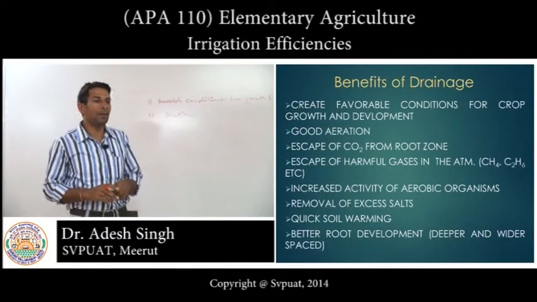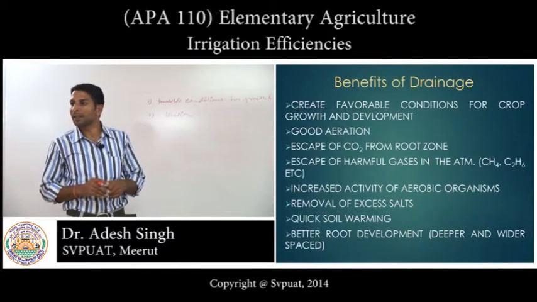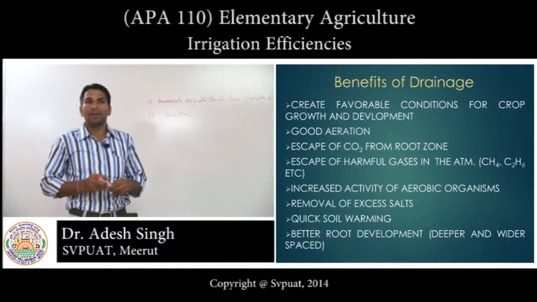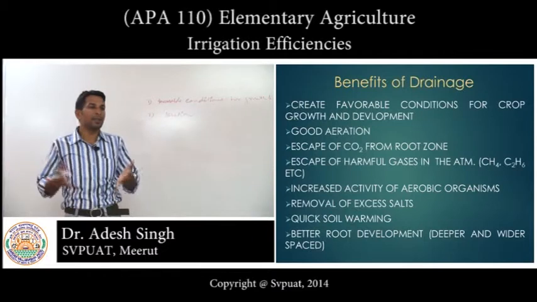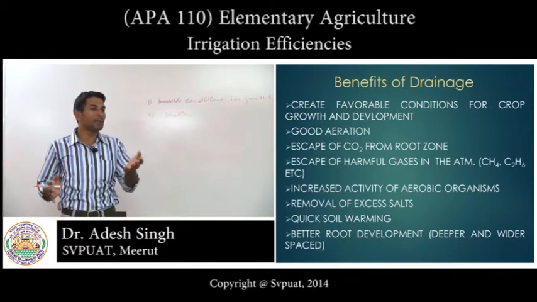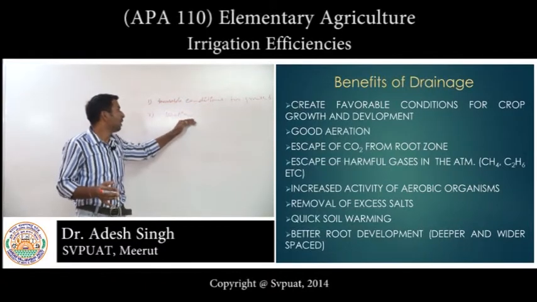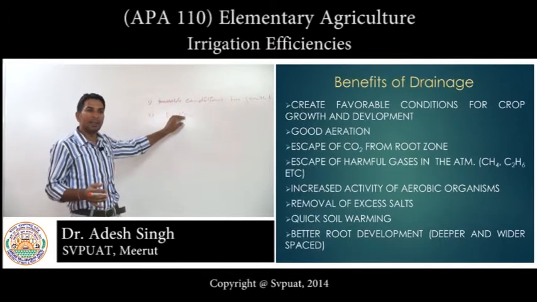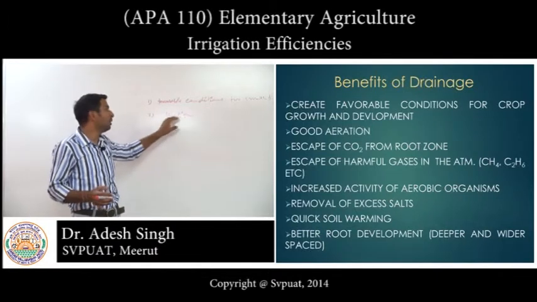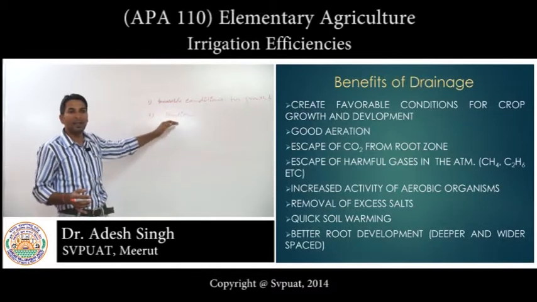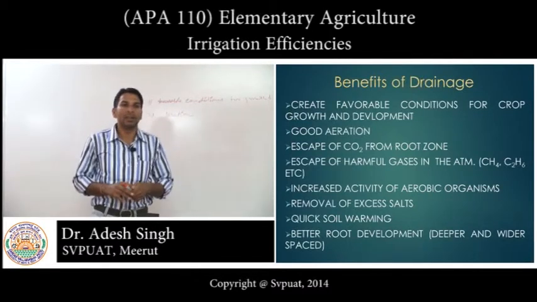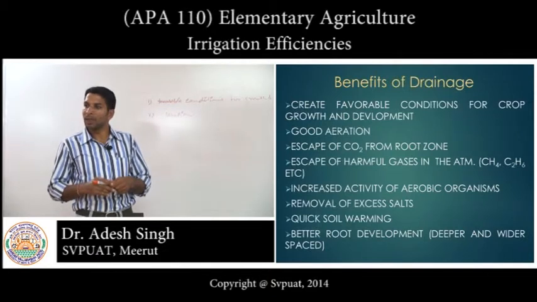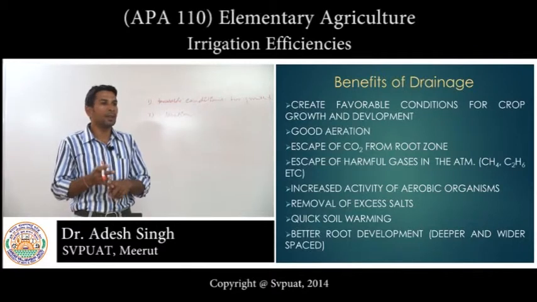Then second one, drainage is helpful for better aeration. If water is more in the root zone, then suffocation will take place, or the water crosses the boundaries of the air, and there is poor aeration. If good drainage facilities are there, then aeration is proper, because certain microorganisms present in the soil are aerobic in nature, and plant roots also respire.